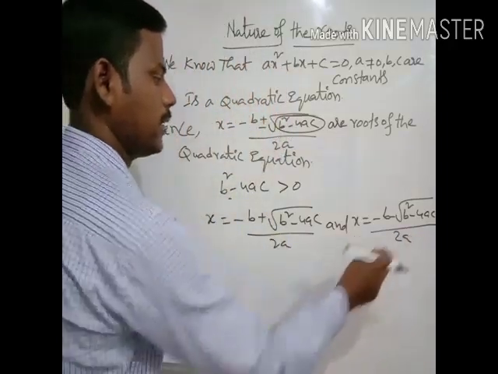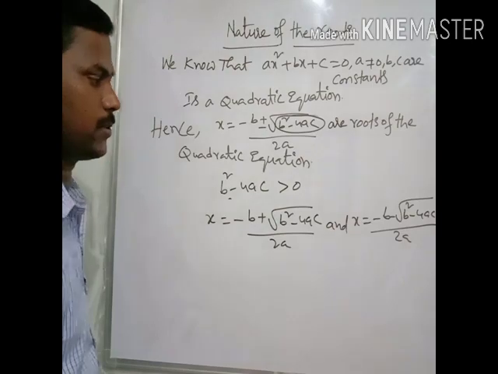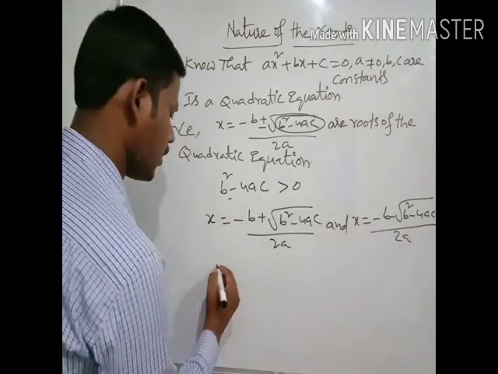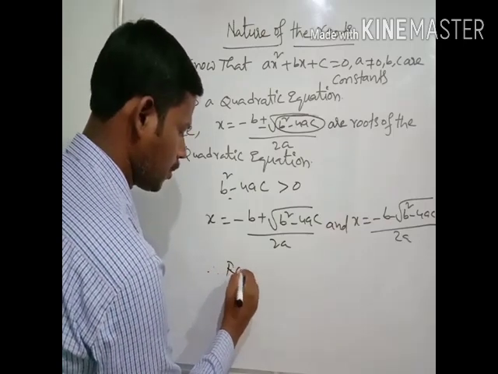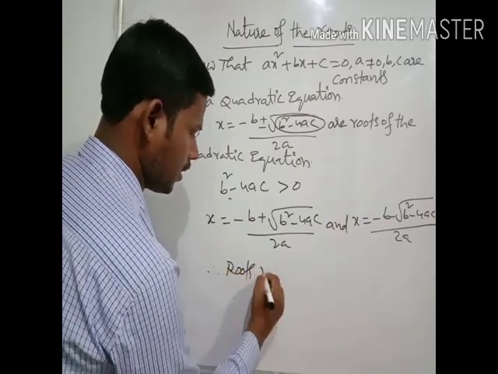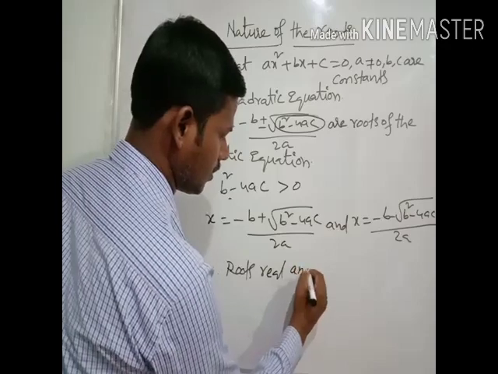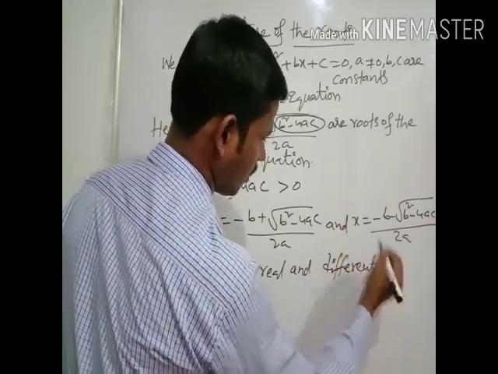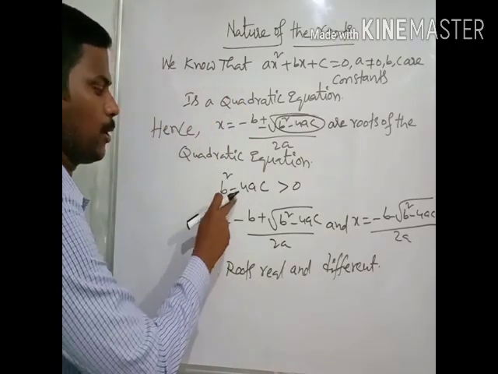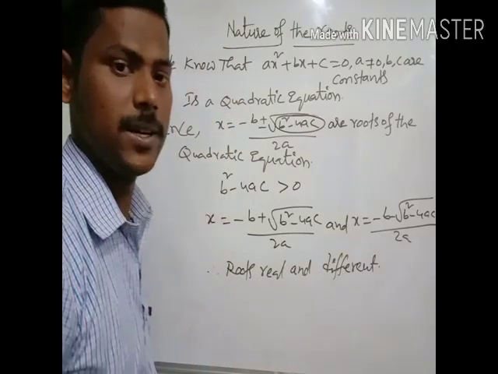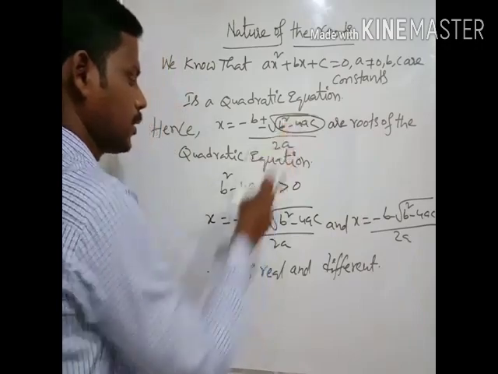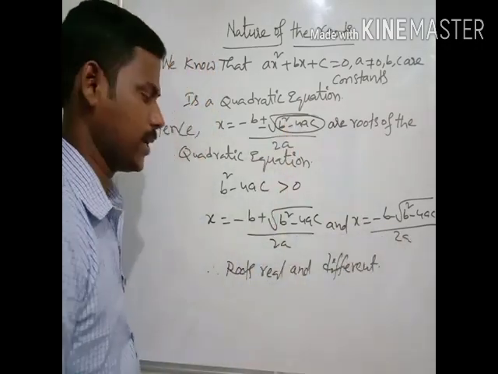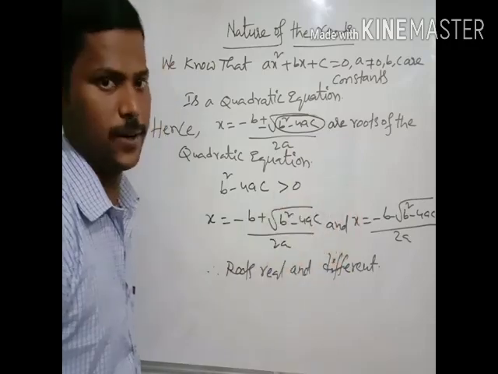Now we got two roots, and the roots are different. That means what are you observing? Roots are real and different. When is it possible, children? When b² − 4ac is greater than 0. Then we got two roots; the roots are real numbers and also different.